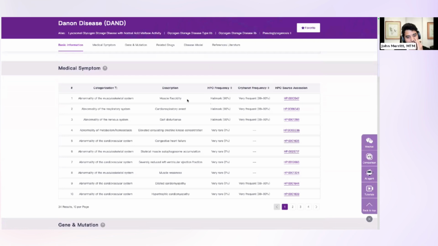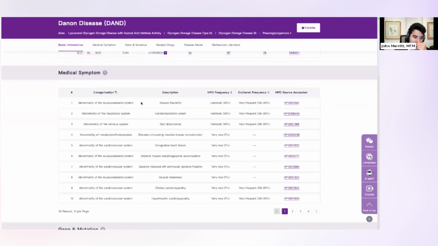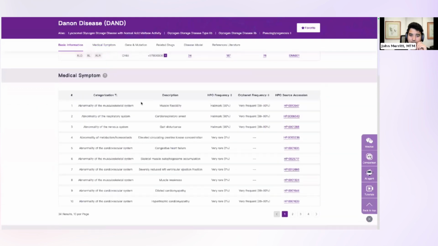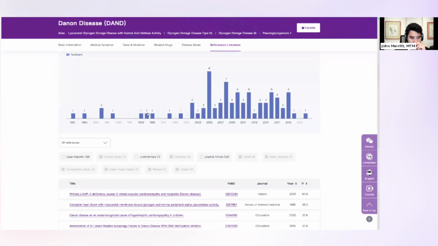So as a patient-facing doctor or doctor in medical research, you'll be interested in studying this if you want a reproducible mouse model that has Danon disease. And you can also go through the references. Here are the publications.